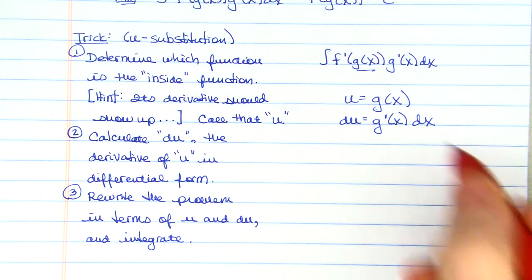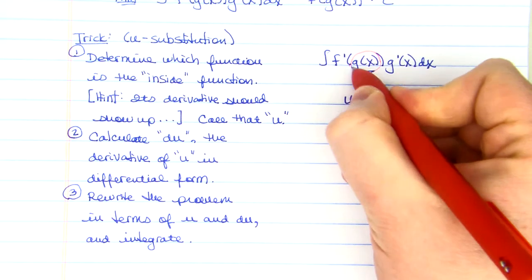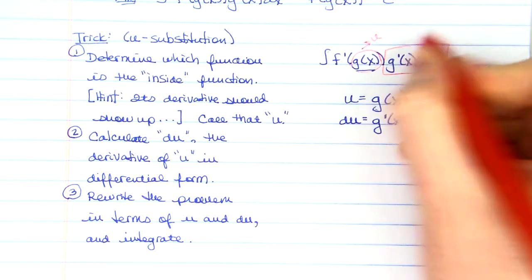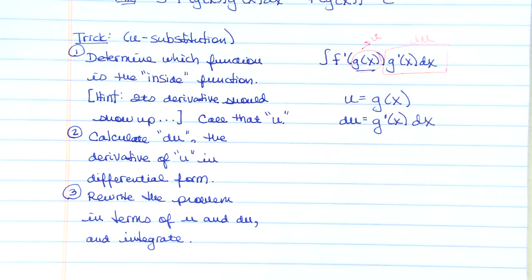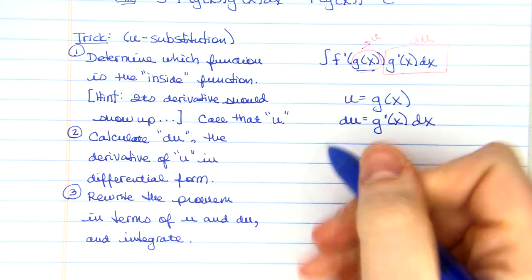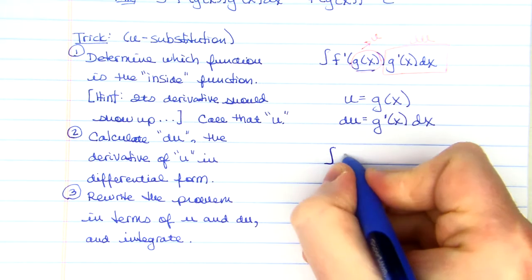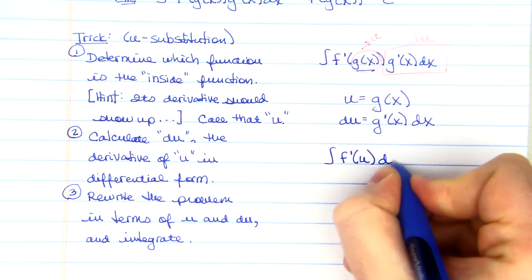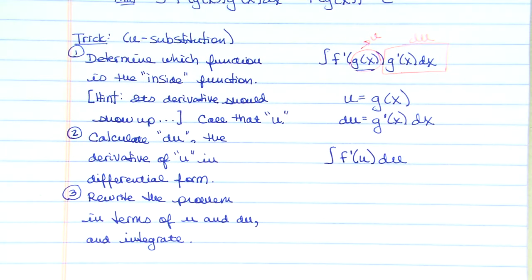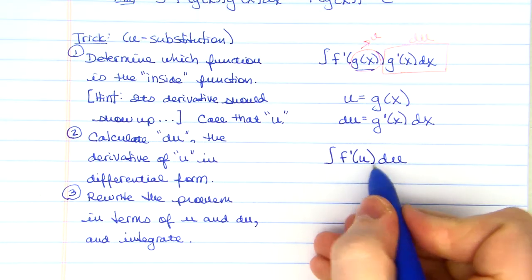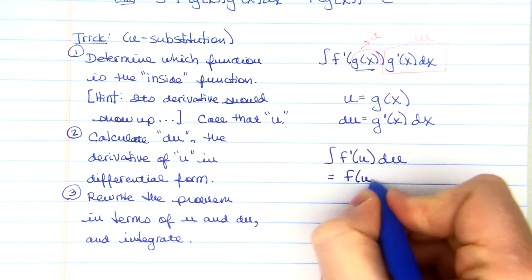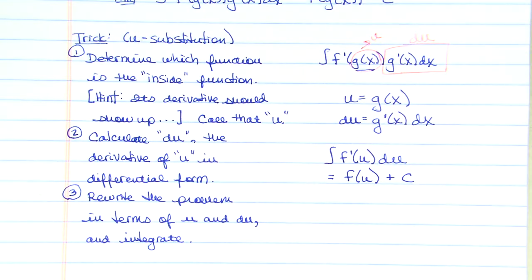What I mean here is, I'm going to replace g of x with u. I'm going to replace this whole thing, g prime of x dx, with du. That's going to give me the integral of f prime of u du. And this is something I can handle. What's the integral of f prime of u du? Should just be f of u, plus a constant, of course.